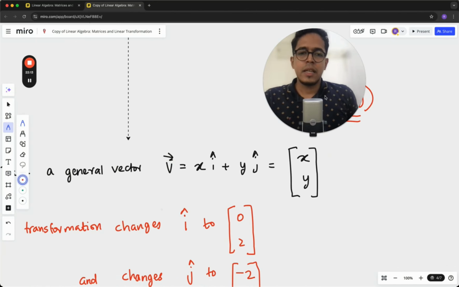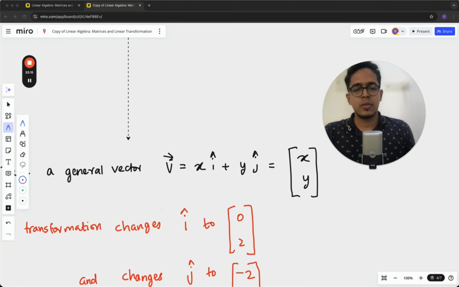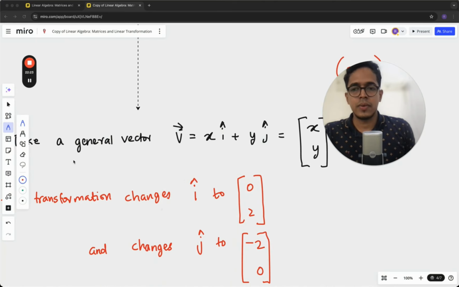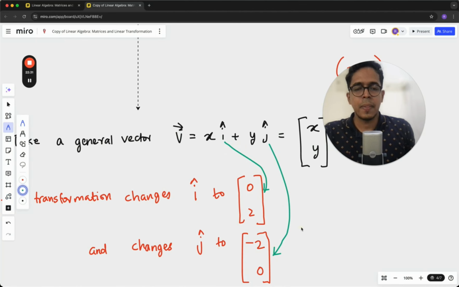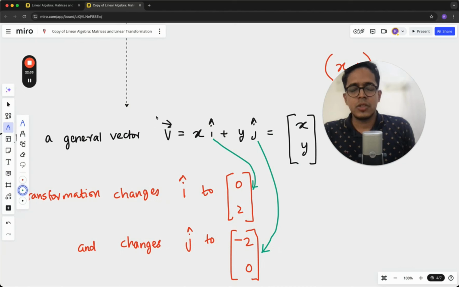So now let's imagine that there is a transformation that changes I to 0, 2 and j to minus 2, 0. So here when I say I and j, what I mean is this. So this I becomes this guy and this j becomes this guy. Now, can we say what happens to vector v?